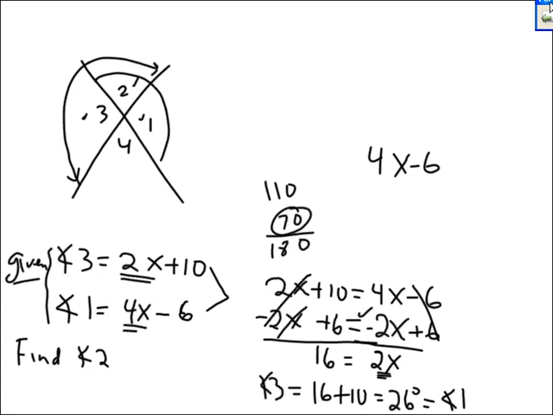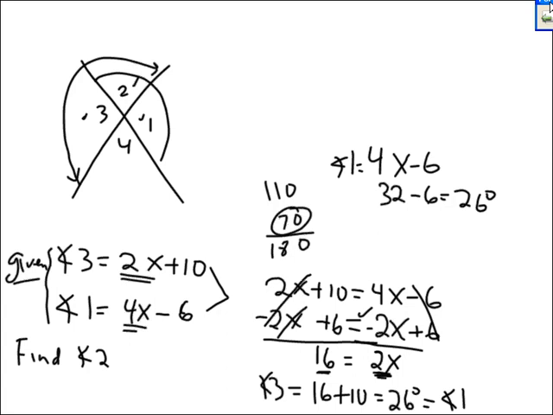Well, if you know what 2x is, it's 16. Double it. 2 times 2x is 4x. 2 times 16 is 32. So 4x is 32. You take away 6, you get 26 degrees. So yes, angle 1 is also 26 degrees.